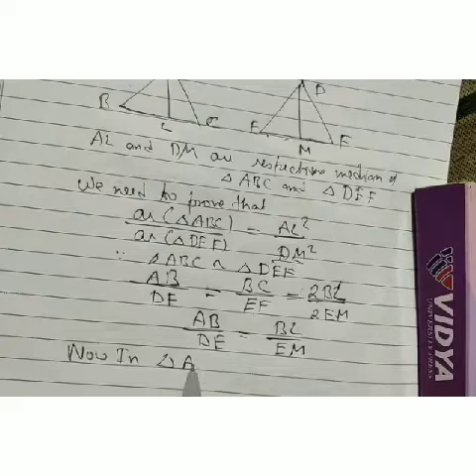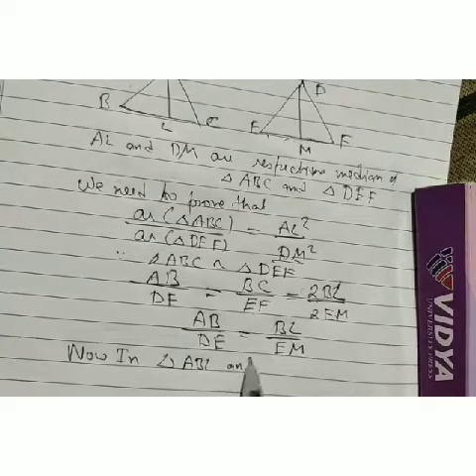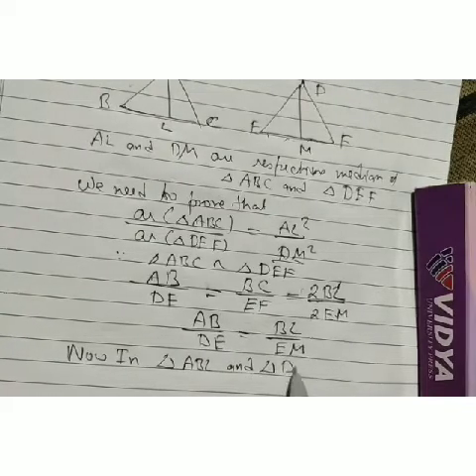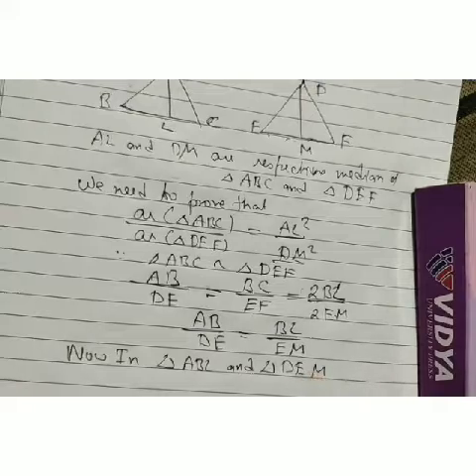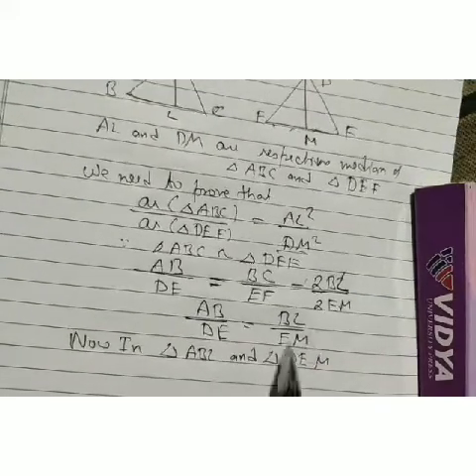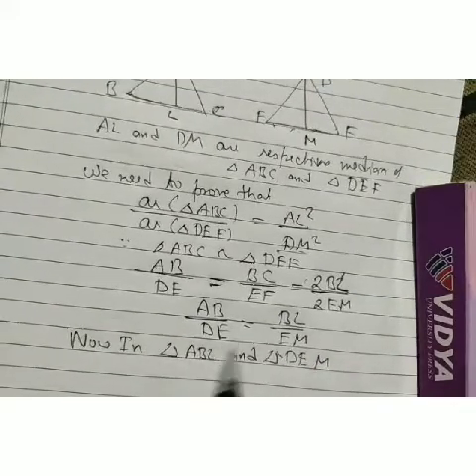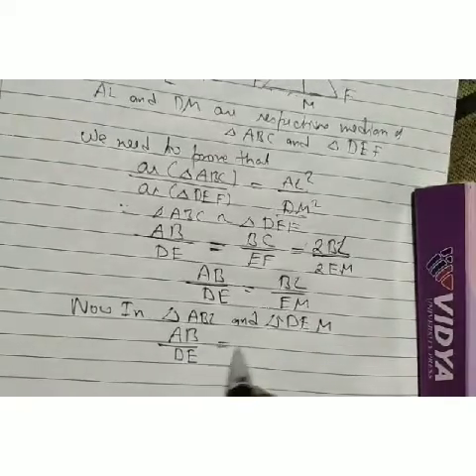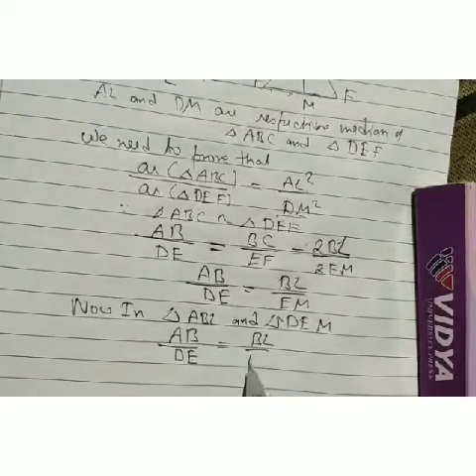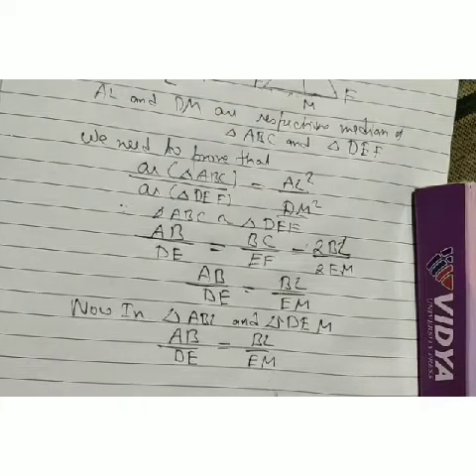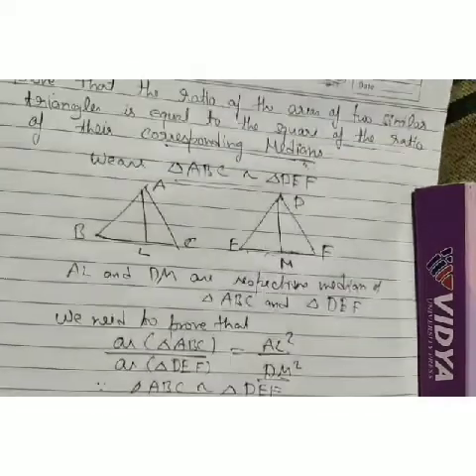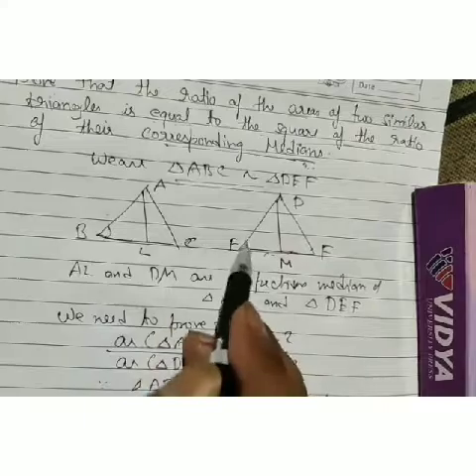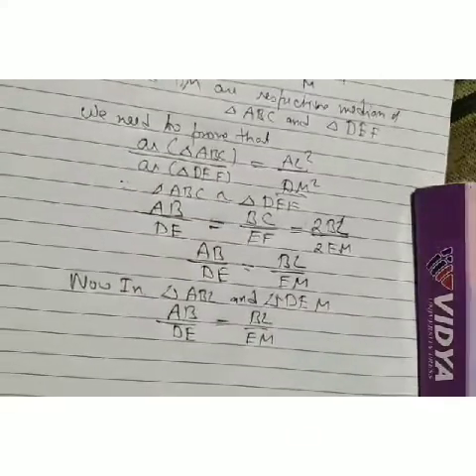Now in triangle ABL and triangle DEM, what do we have? We have AB upon DE is equal to BL upon EM. Also, since the triangles ABC and DEF are similar, angle B is equal to angle E, as corresponding angles are equal.